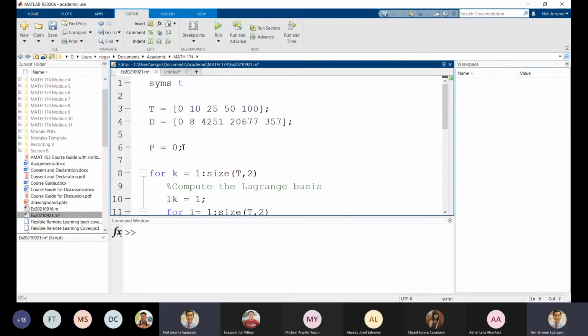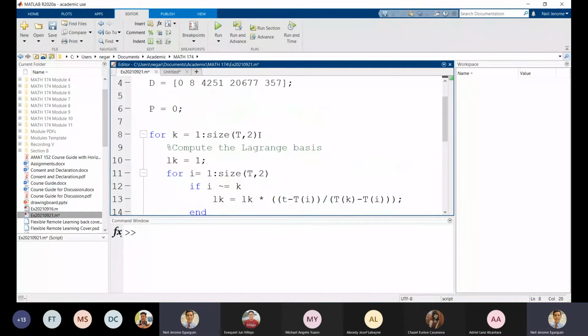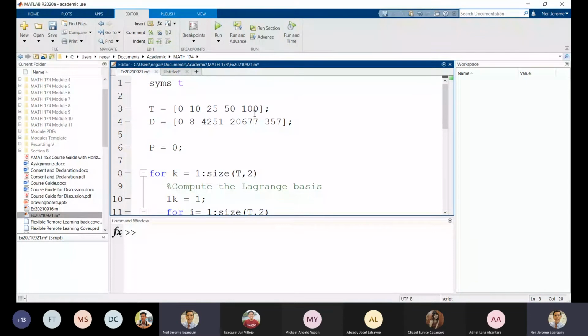Okay? So here's the summation for k. Gagawin ko siya from 1 until yung size ng set of abscissas. So yung size t2, kino-compute nyo lamang gaano kalaki yung second dimension ni vector o ni matrix T. Remember, MATLAB treats all variables as matrices or arrays.